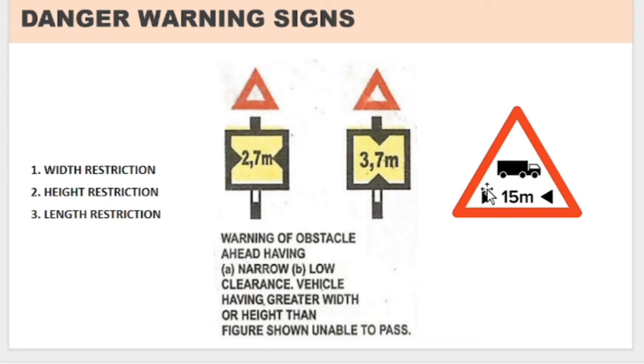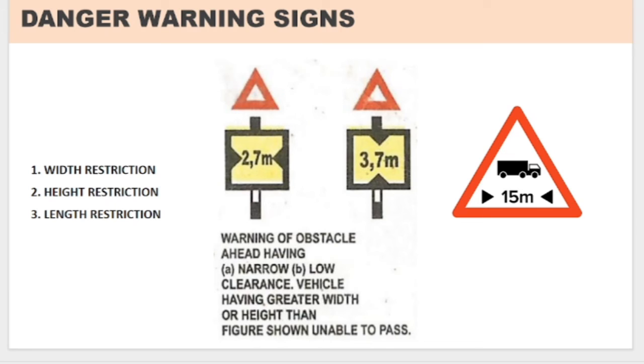So another way to differentiate between the width restriction, the height restriction, and the length restriction is that the width restriction is usually the lowest, followed by the height, and lastly the length.